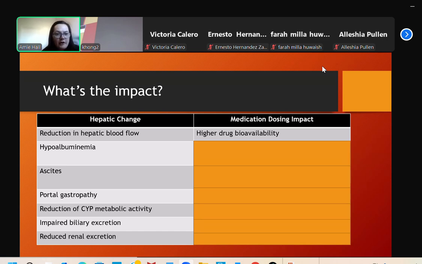Right? We already talked about this, but let's reiterate this. If a patient has low albumin, hypoalbuminemia, so low protein in the blood, what are we going to see happen for drugs?